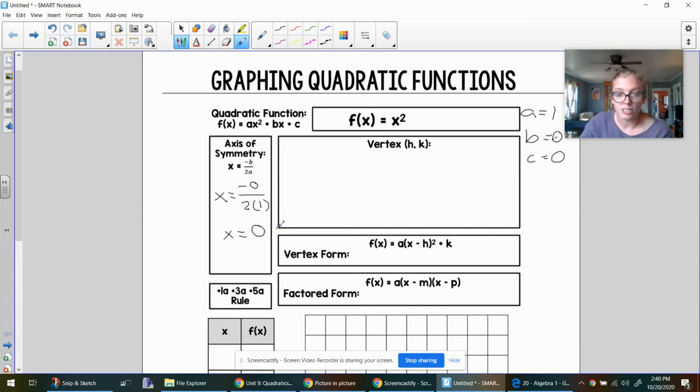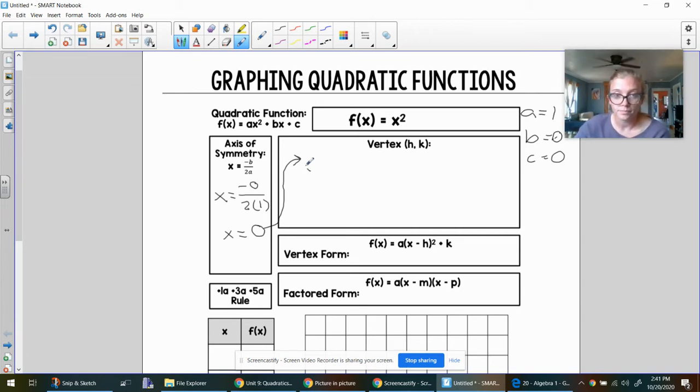The next thing we're going to do is use this axis of symmetry to find the vertex. So we're going to take this number up here. And to find the vertex, we are going to substitute in the axis of symmetry to find the y coordinate of that axis of symmetry. So where on the graph does x equal 0, so that we can find the y coordinate at that point, because that's going to be our vertex.